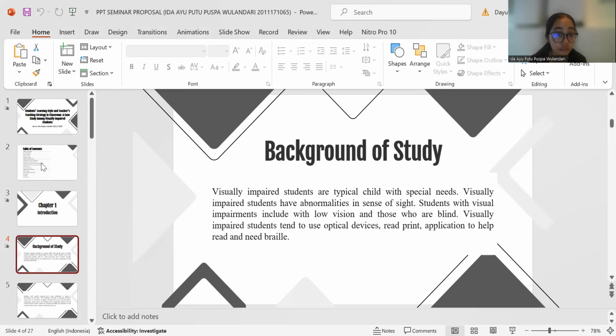Students with visual impairment include those with low vision and also the blind. Visually impaired students tend to use optical devices like glasses, for print application to help read, and Braille.